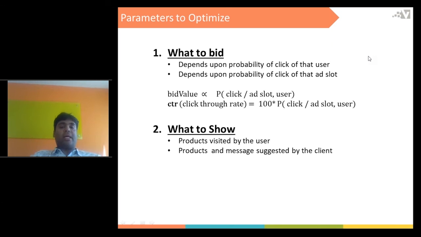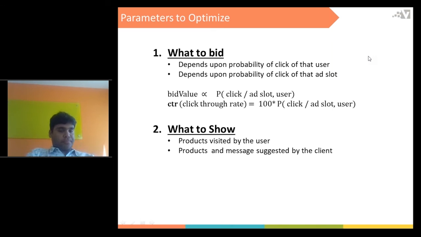One chunk is the user variables, that is, how probable is this user to click, and the second is the property of that ad slot getting clicked. These two basically define our bid value. So bid value is directly proportional to the probability of click given an ad slot and a user.